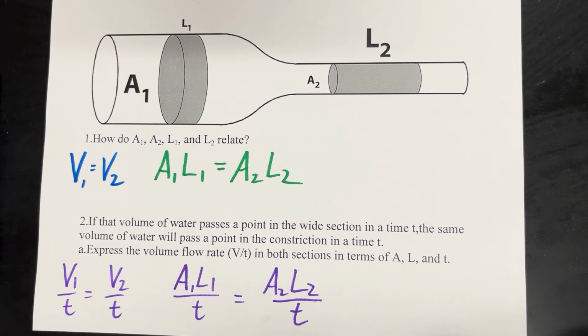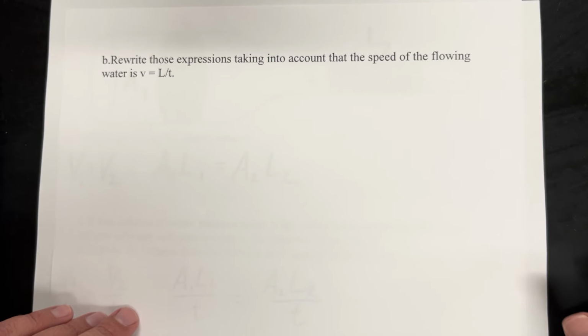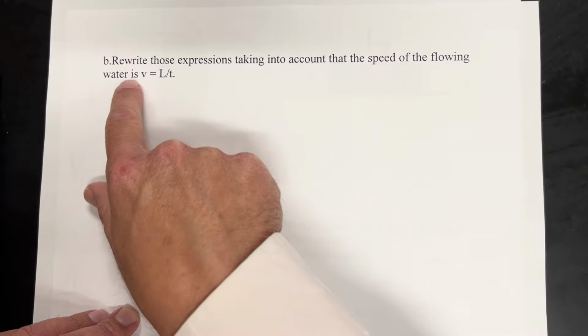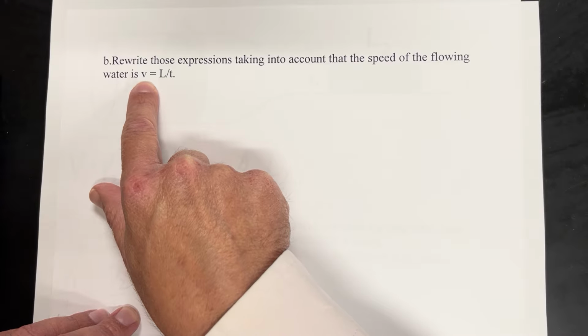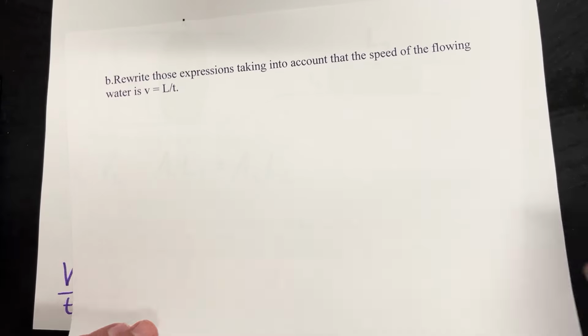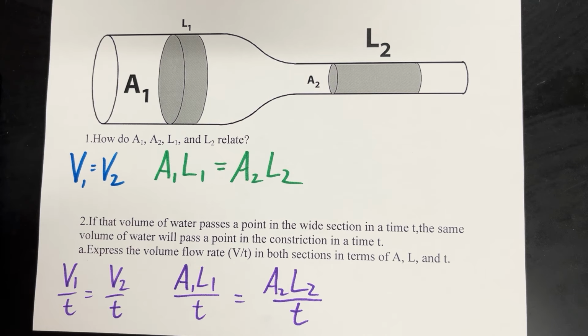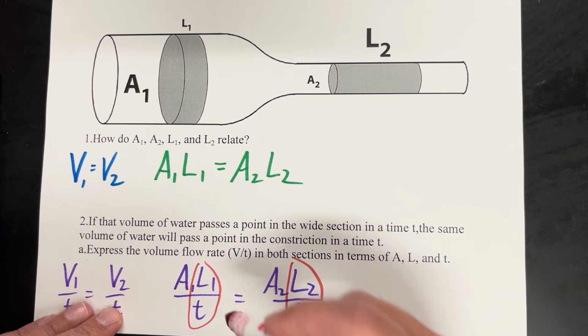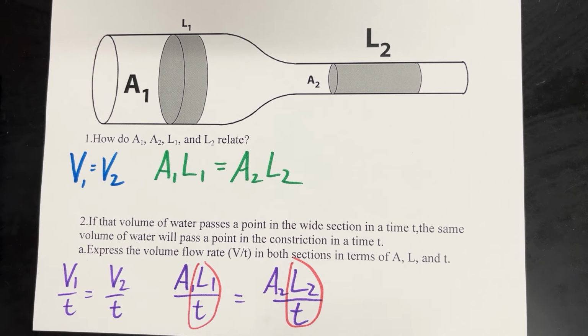Next up, they say rewrite those expressions taking into account that the speed of the flowing water, the velocity, is equal to L over t. So a length over a time is a velocity. Well, look, here we have a length and a time, and here we have a length and a time. So why don't we rename these?